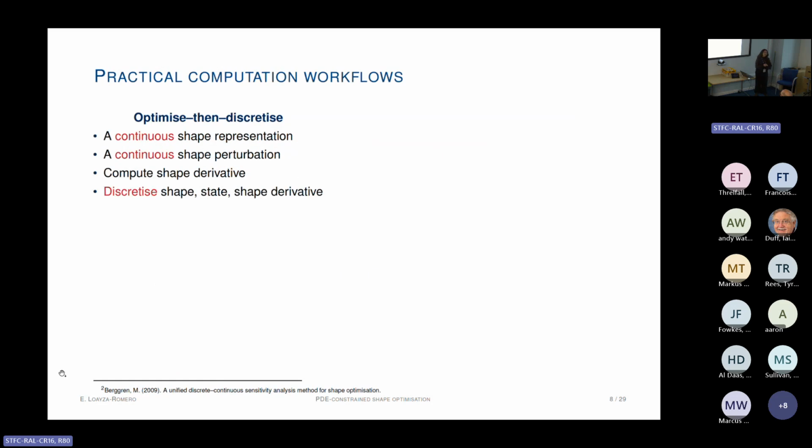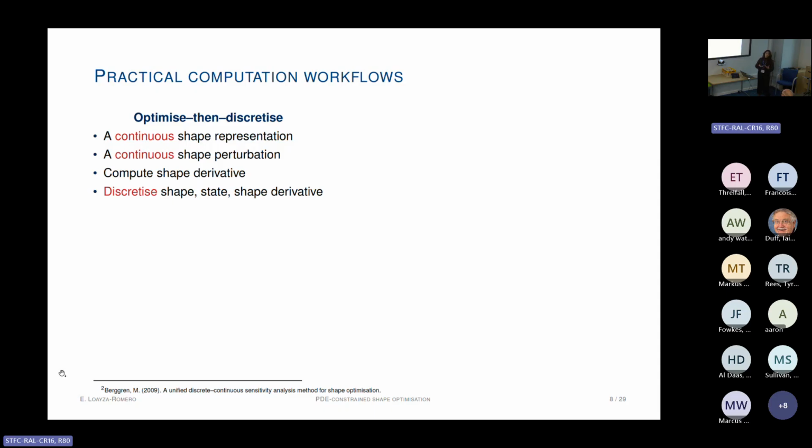Okay, so the last important thing about shape optimization is that, as in optimal control problems, we also have this difference: we can either optimize and discretize or discretize and optimize. At the end of the day, we want to end up with something. For example, for optimize and discretize, you can choose domain transformations or phase fields.